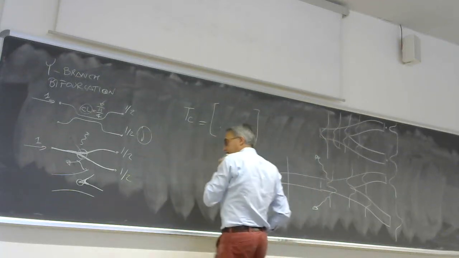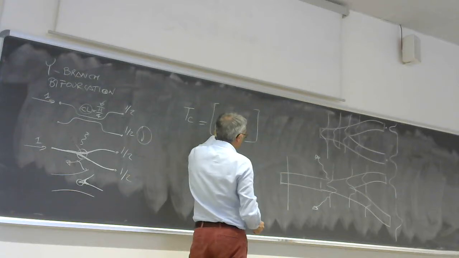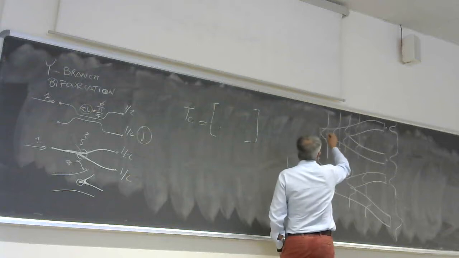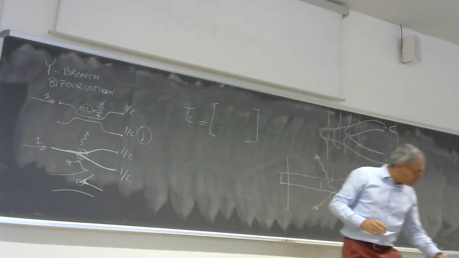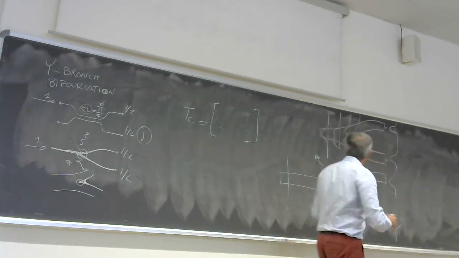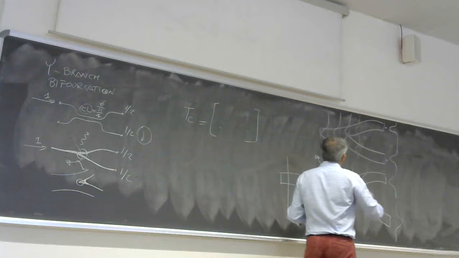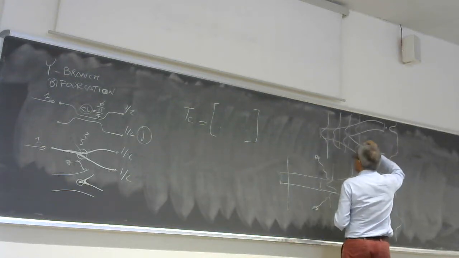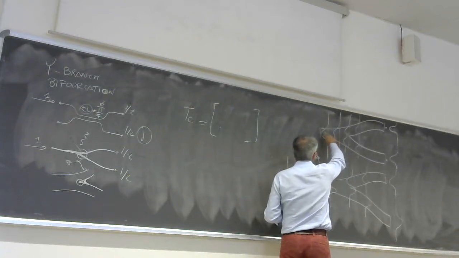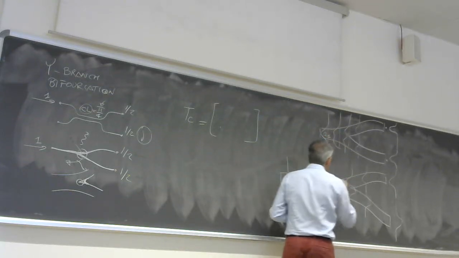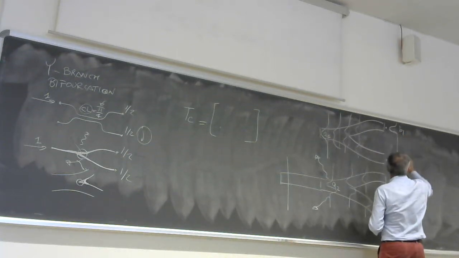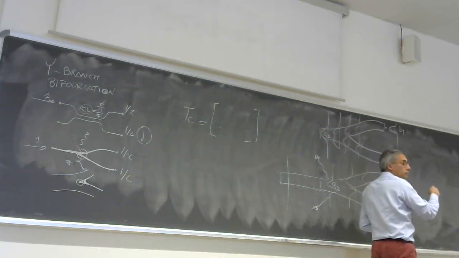So the transmission matrix is a 2 by 2. Let's call A1 the amplitude of this mode, A2 the amplitude of the second mode, B1 and B2 the amplitudes of the other modes.